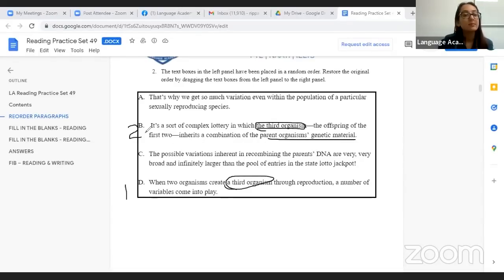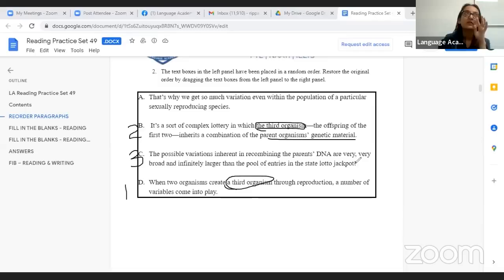So this second sentence, B, is the one in which we say it inherits a combination of genetic material from the parents. And now we explain that once we have that genetic material, the possible variations inherent in recombining the parents' DNA are very, very broad and infinitely larger than the pool of entries in the state lotto jackpot.